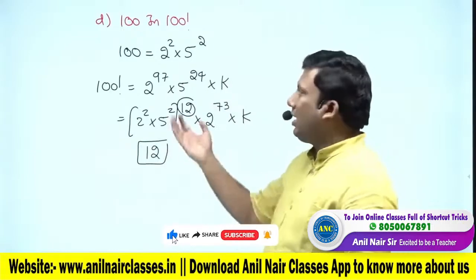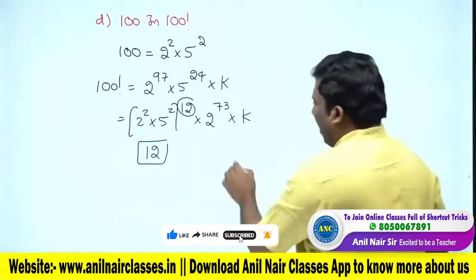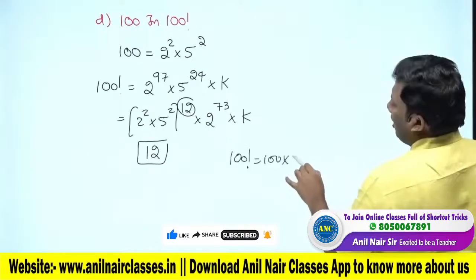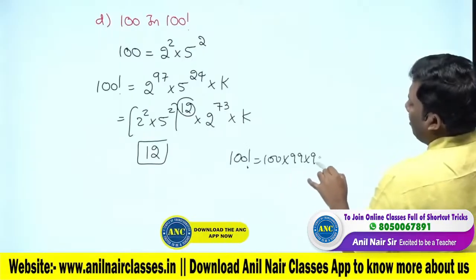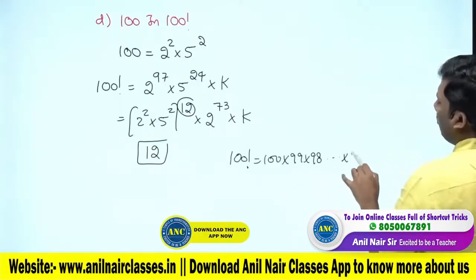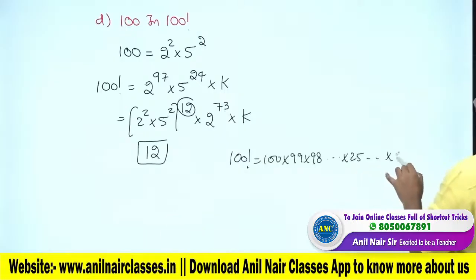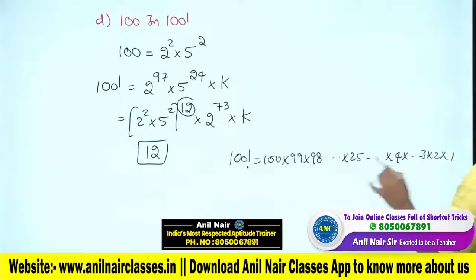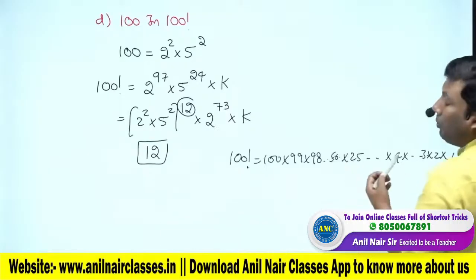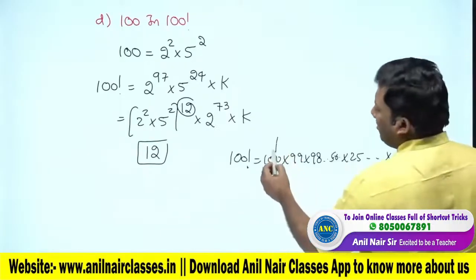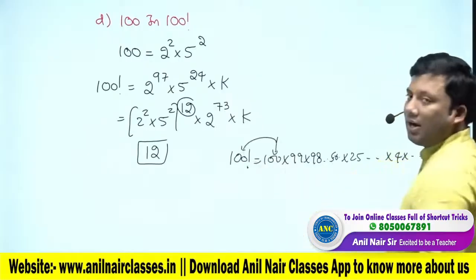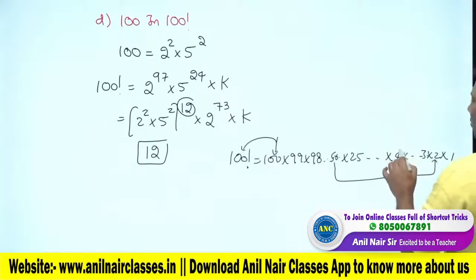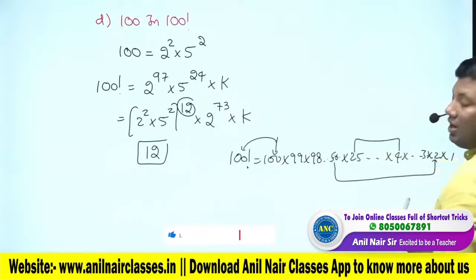Some students in a hurry look at 100 factorial, which is 100 into 99 into 98 and so on up to 25, and so on up to 5 into 3 into 2, and so on up to 1. Probably in a hurry, since 100 is present only once, they might tick mark 1. But if you see here, 50 into 2 is 100, 25 into 4 is 100.